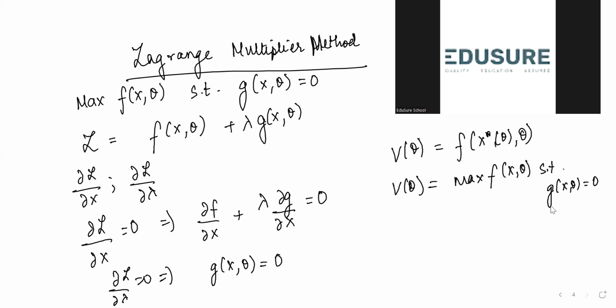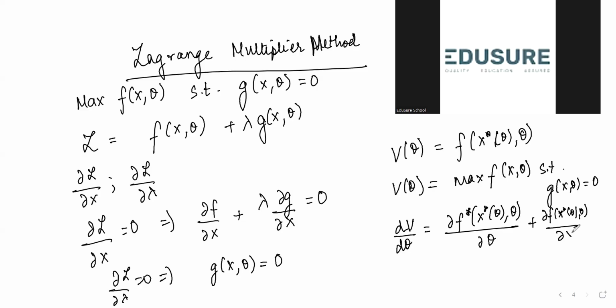So we differentiate the v, which is basically equal to, again, the same thing. This is what we have.